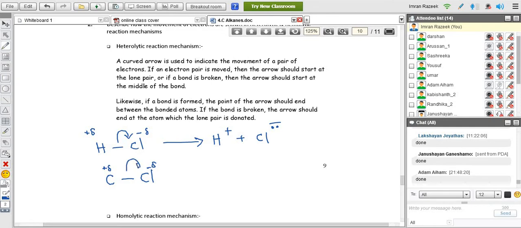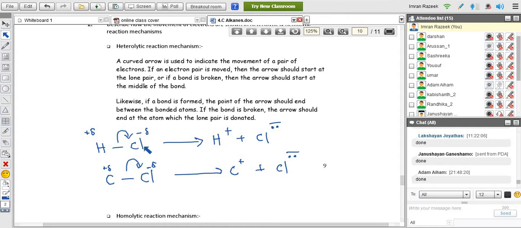The bond will be broken so that one atom receives none, whereas the other atom receives both the electrons. So in heterolytic bond fission, the bond is broken so that the more electronegative element attracts the bonding pair of electrons, and the less electronegative one receives none. Is that clear? So this is heterolytic fission.